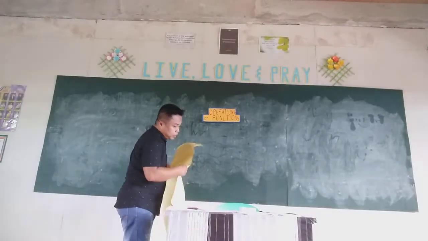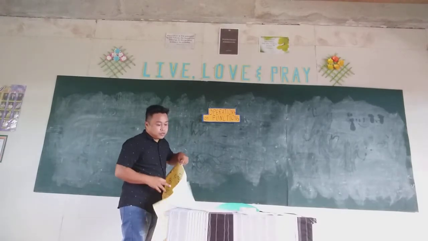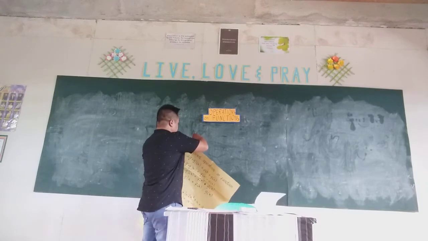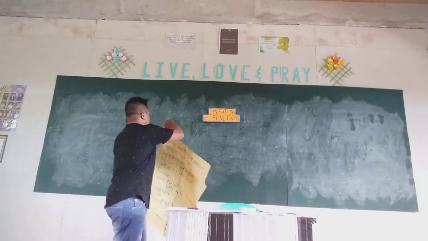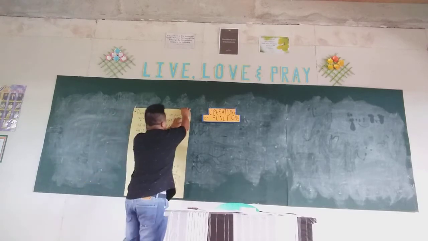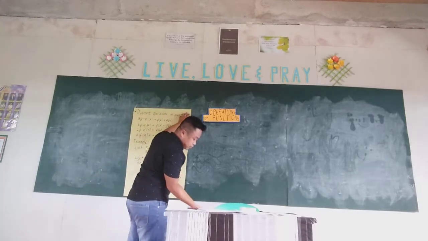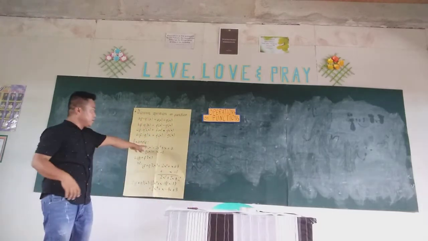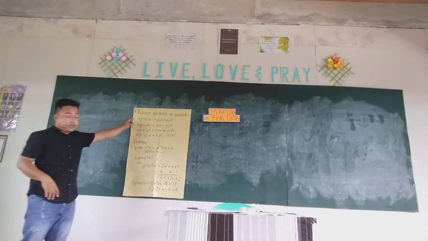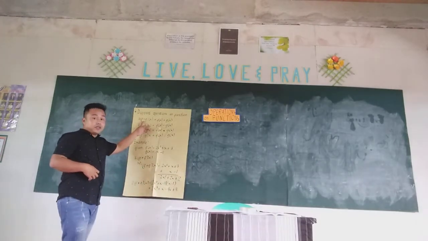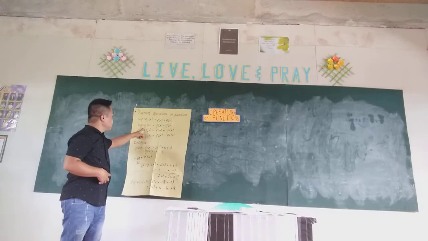Now, to further explain the content on the different operations on functions, I'm going to show you different operations on functions. We have A, B, C, and D. The first is you're going to apply addition.